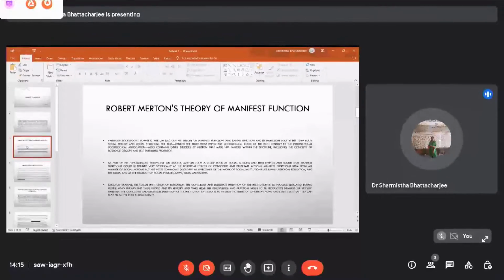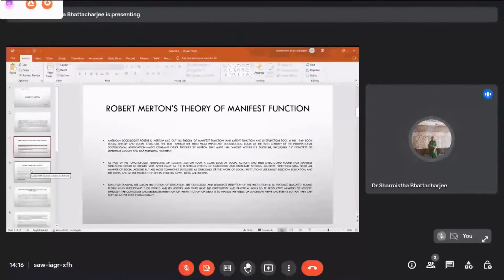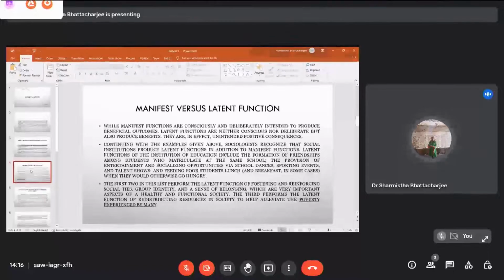Similarly, the conscious and deliberate intention of the institution of media is to inform the public of important news and events so that they can play a vital role. So the conscious, deliberate intention which we have is what we know as the manifest functions, and that which we don't know deliberately and consciously are latent functions.